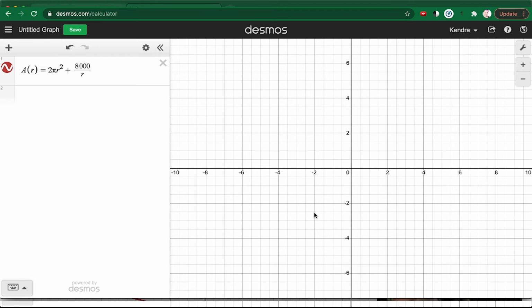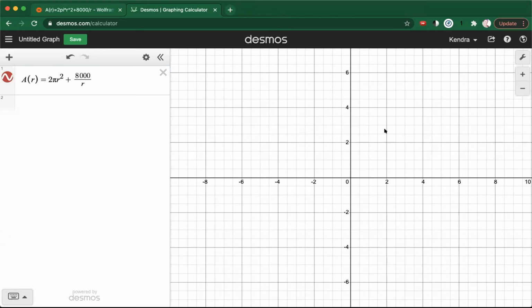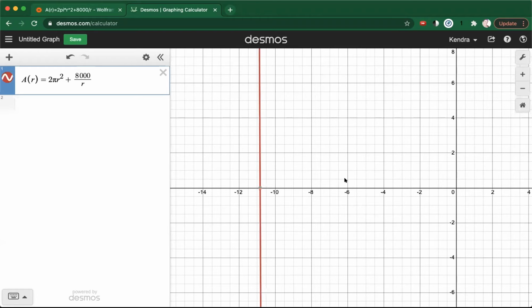Okay, so I have this graph. I graphed that original A of r. And one of the things that I noticed is the graph isn't showing up. I don't even know where it is. Oh, there's something there. There's part of the graph.